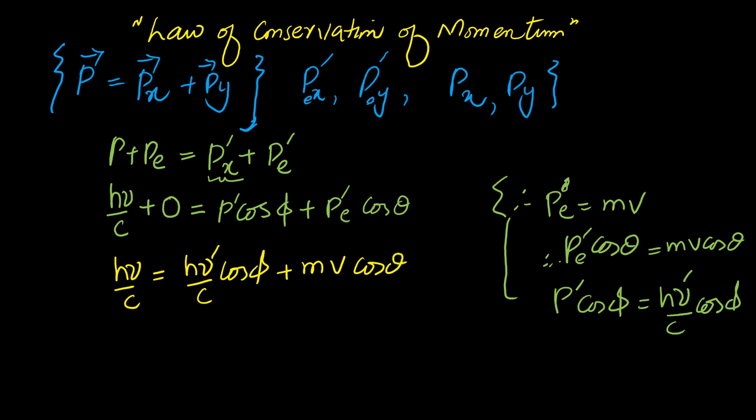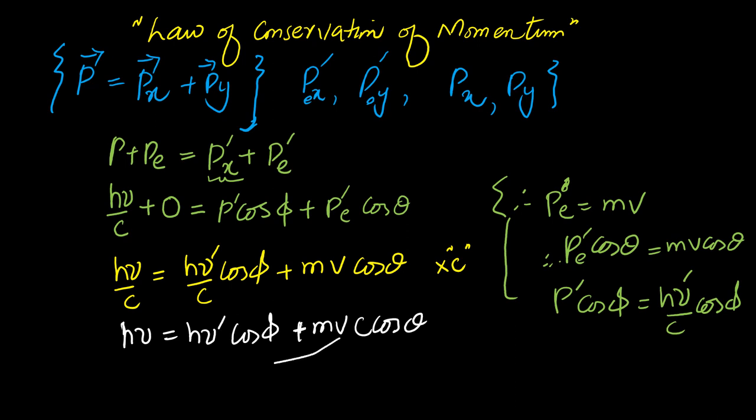So now multiplying this equation with c, the speed of light, we basically get h nu is equal to h nu prime cos of phi plus mvc cos of theta.